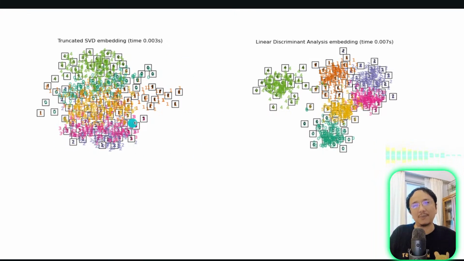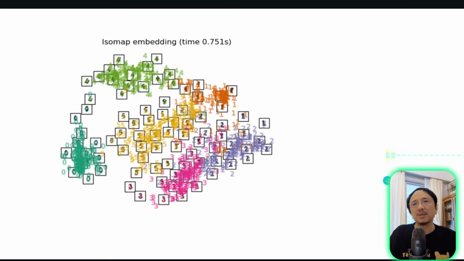It works similarly. And we can do LDA, which considers the difference between classes. So it separates the classes even more. But in SVD, I mean in PCA, it is still kind of making the similar digits close to each other. And by using Isomap embedding, you can get this one. Still pretty good.